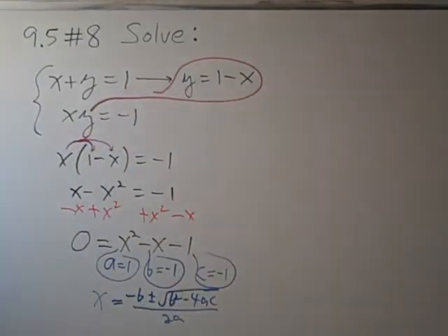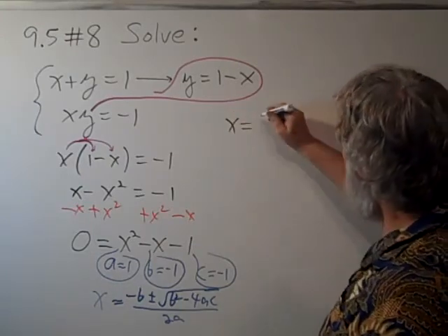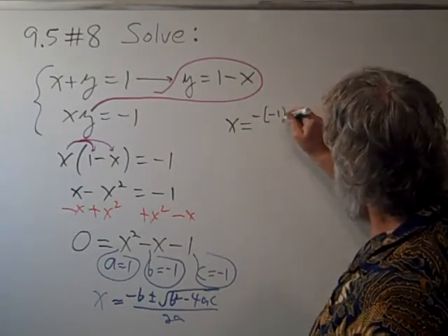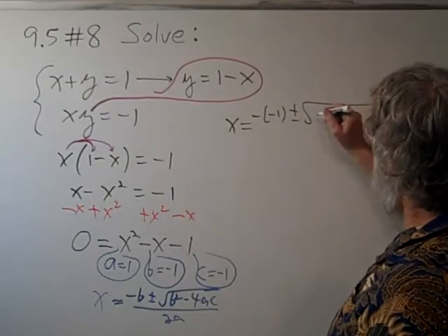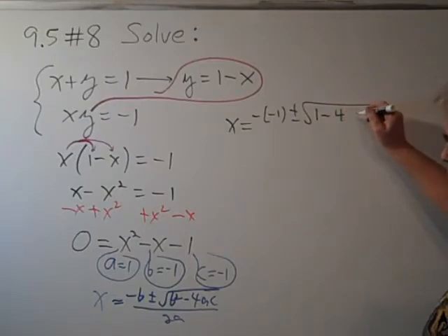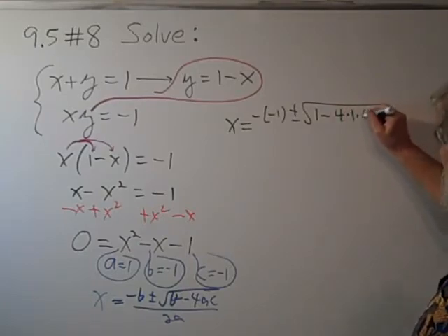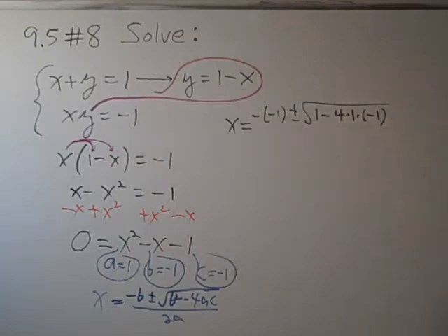Applying that quadratic formula, we've solved our quadratic equation. So we get that x is equal to negative b, that's negative of negative 1, plus or minus the square root of the negative 1 squared, which is 1, minus 4 times a, which is 1, times c, which is negative 1.